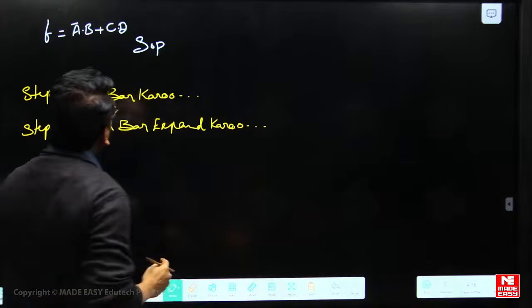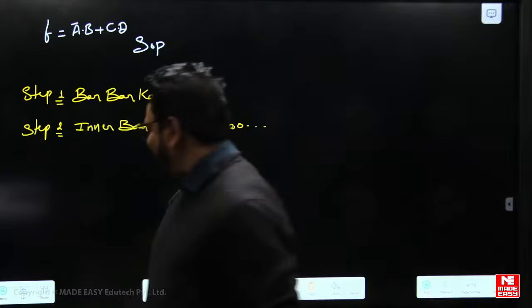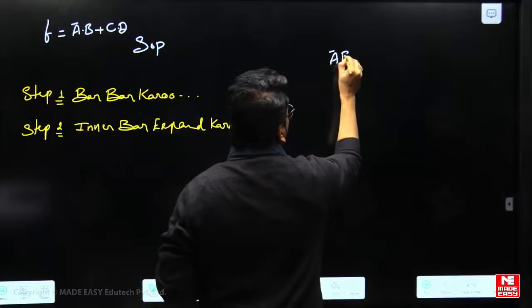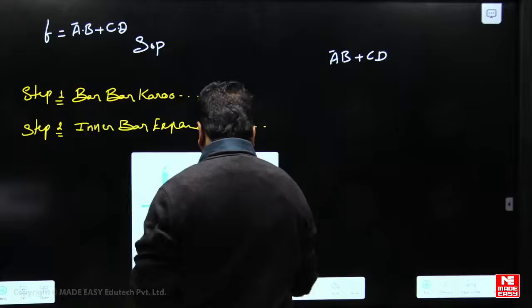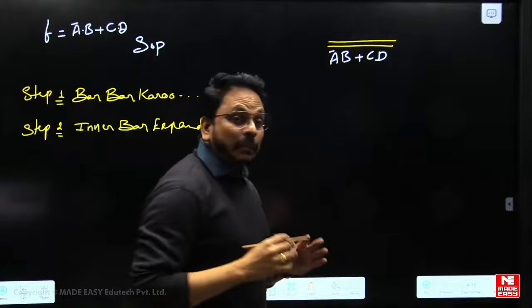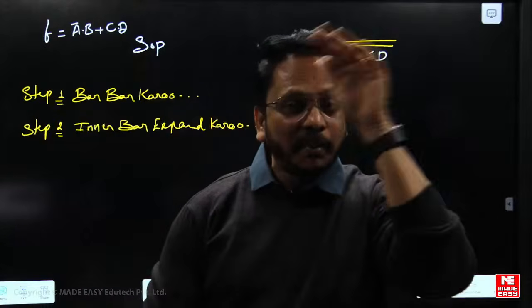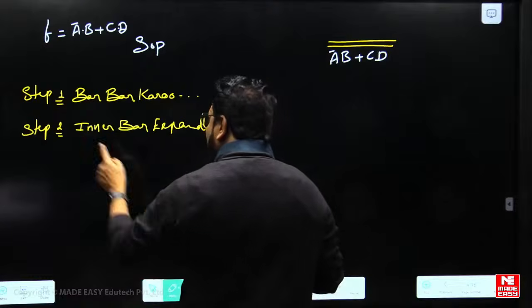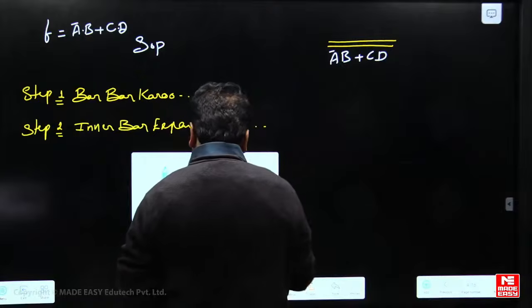Sir, then is it going to be simply over? Definitely, we'll check that. Carefully observe the expression we are taking here, A'B + CD. For this expression, step 1, bar bar karo, that means double complementation. Second step, inner bar expand karo, that means the inner bar has to be expanded.